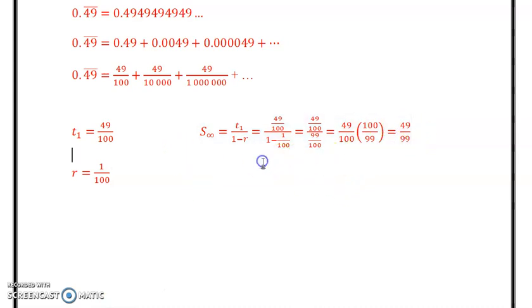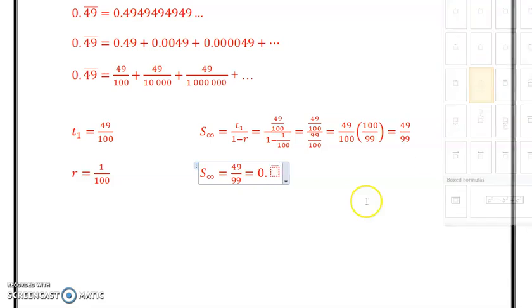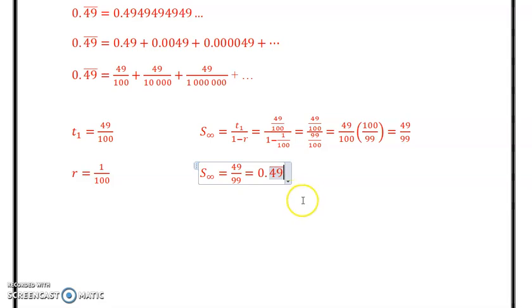So the sum to infinity is equal to 49 over 99, and that is equal to the decimal at the beginning, 0.49 repeated, as you see on your calculator there.